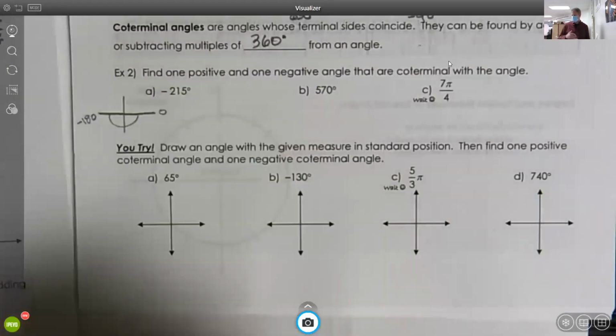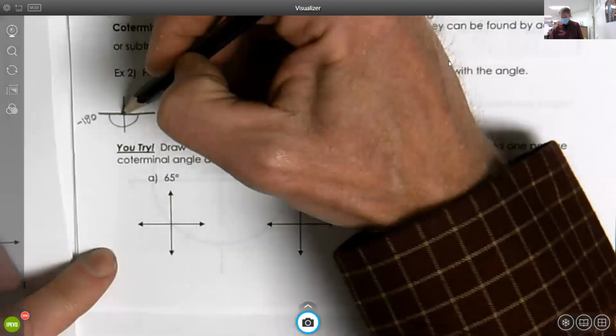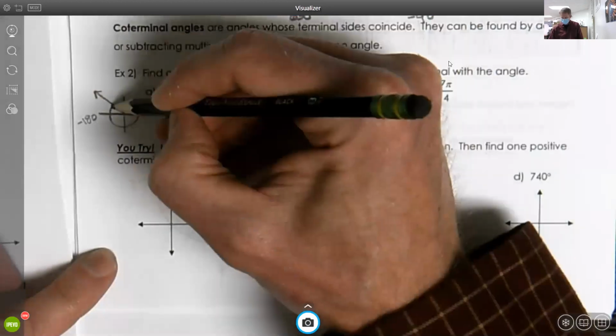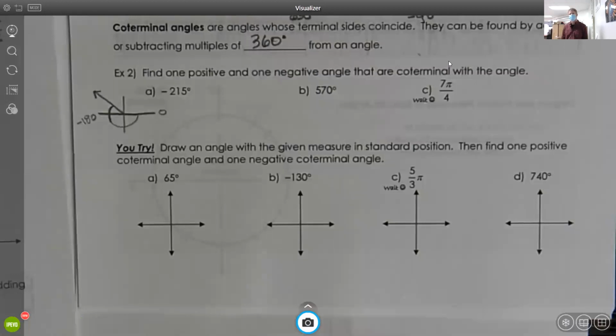So then we have 20 more degrees to get to 200 and 15 more degrees to get to 215. So it's about 35 degrees more than the negative 180. That would be your negative 215.